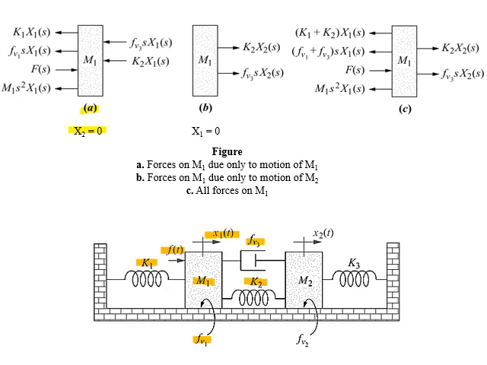When M1 will be moving in the direction of x1, spring with coefficient K1 will apply an opposing force. Spring with coefficient K2 will also oppose its motion. Surface friction represented by coefficient ρv1 will also oppose its motion.